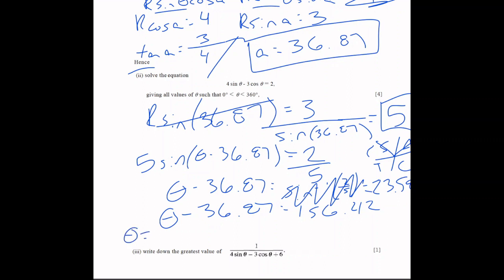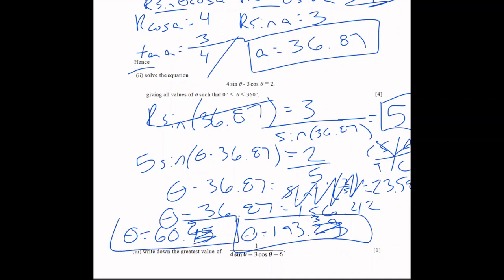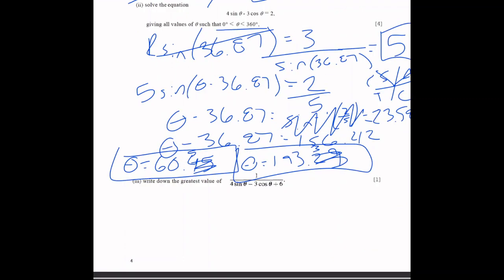One of my answers is that theta equals 60.45. 156.42 plus 36.87. Theta also equals 193.29. And because these are degrees, I should put it to 1 decimal point, so that's going to round to 5, and that's going to round to 3. And those are my 2 answers, and they both fit within my domain, so that's excellent.